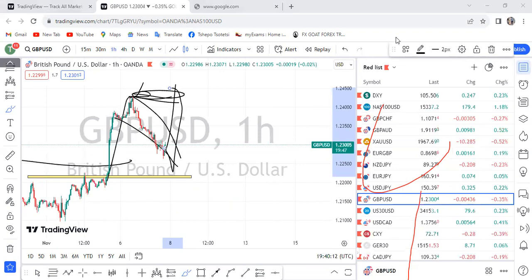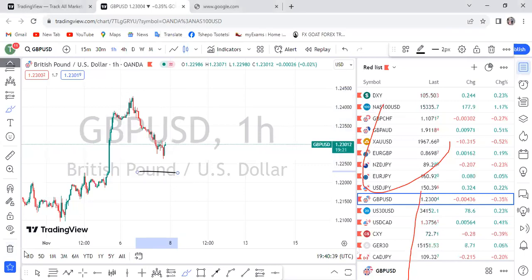So how do we get an entry if it respects the high, and what confirmation do we look for? Okay, in terms of confirmation, first it must break the previous high or the previous low.